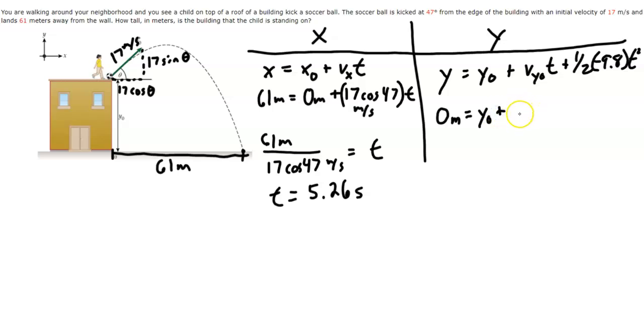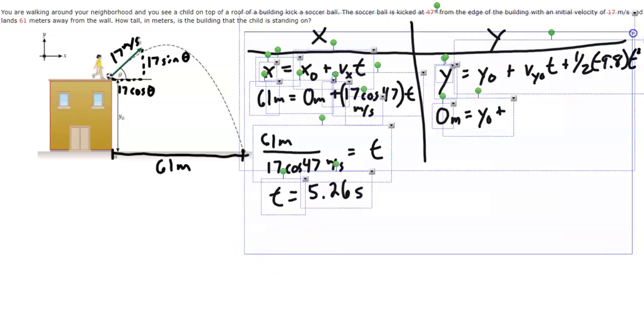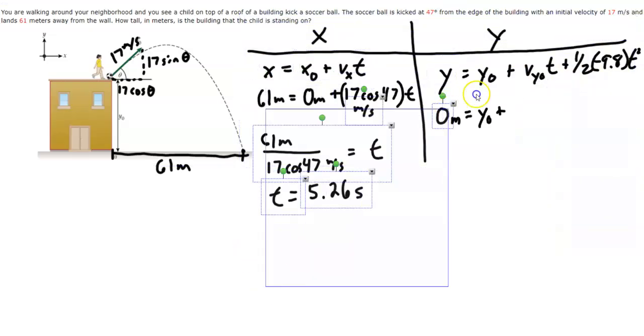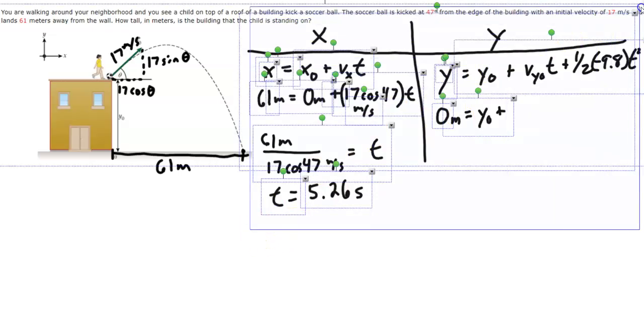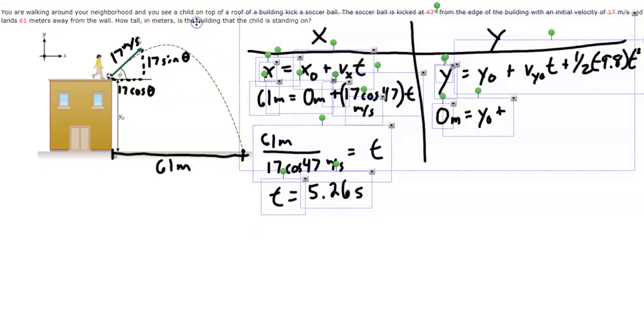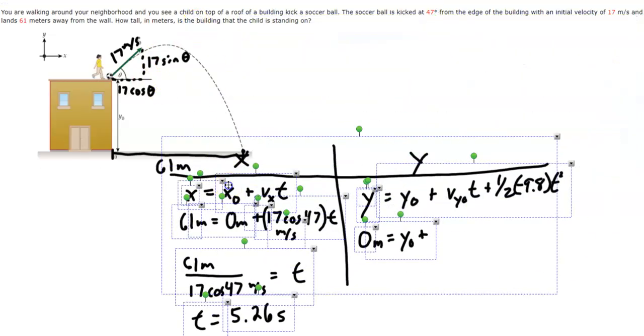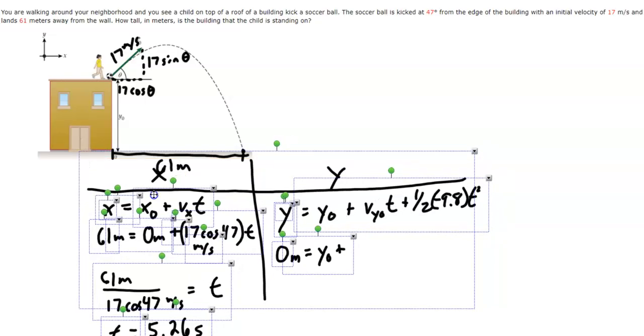And we know the initial, I think I'm going to start running out of space here, so maybe I can move all of this stuff just a little bit. Yeah, I can move it all down there.